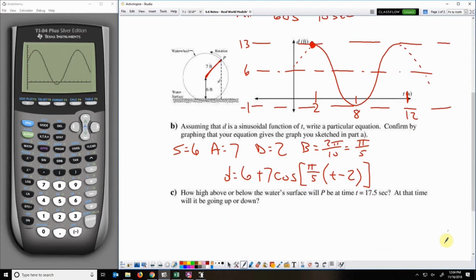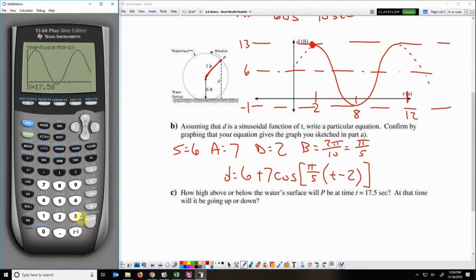How high above or below the water surface will point P be at time equals 17.5 seconds? And at that time, will it be going up or down? So all I need to do is trace 17.5 seconds.